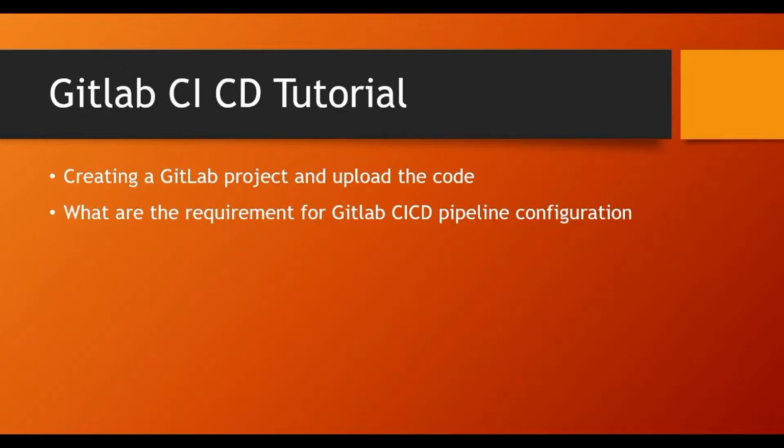This will be a preparation phase, a step-by-step tutorial. In this phase you will understand what a GitLab project is, what the settings are, and what a GitLab runner is. You also need to know which file we have to create in GitLab for CI/CD to be configured. All those things we will see in this tutorial.